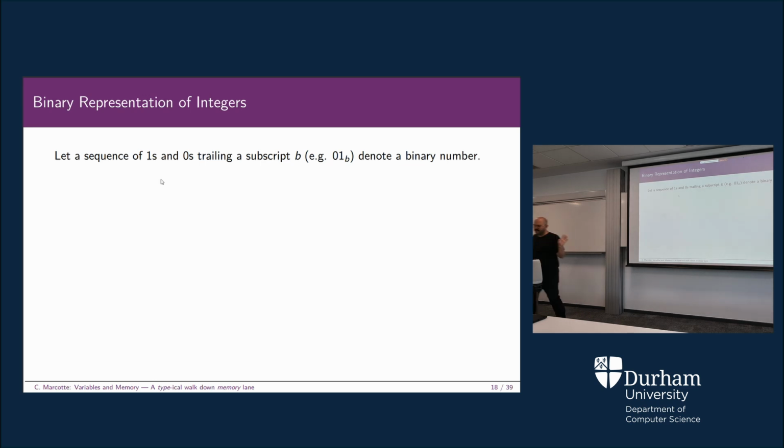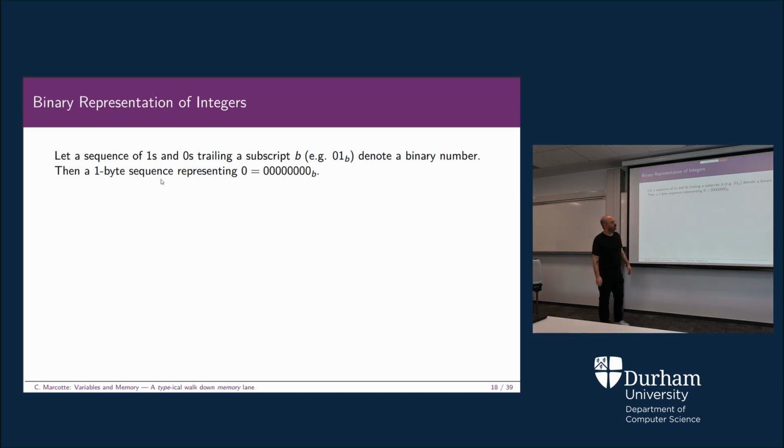You may be familiar with this if you've done a good amount of numerical programming before. We'll define some sequence of zeros and ones, followed by a subscript b, to be a binary number. For now, we'll just talk about integers, but we'll come to floats in a bit. Then a 1-byte sequence representing 0 is just 8 zeros followed by that subscript b.